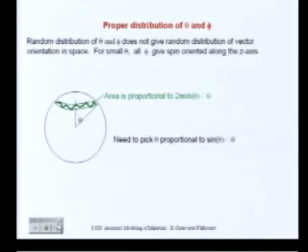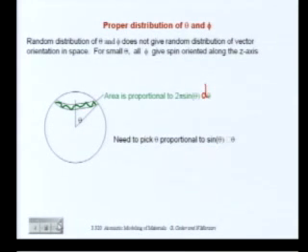For a given theta, the number of states that have that angle theta is proportional to this slice of the sphere. So it's proportional to 2 pi sine theta d theta. It's proportional to the area that you carve out from the sphere.